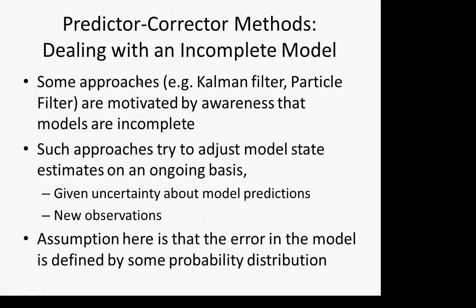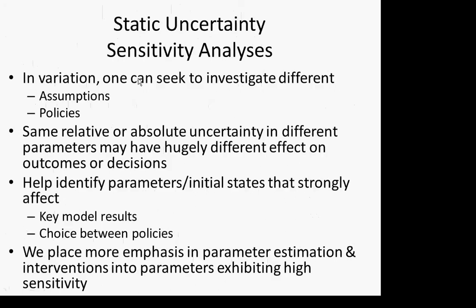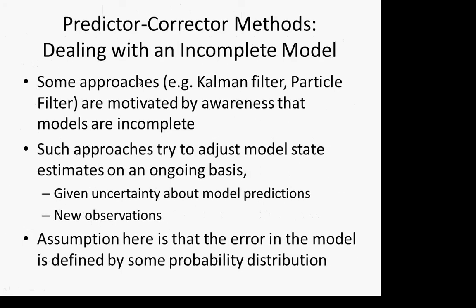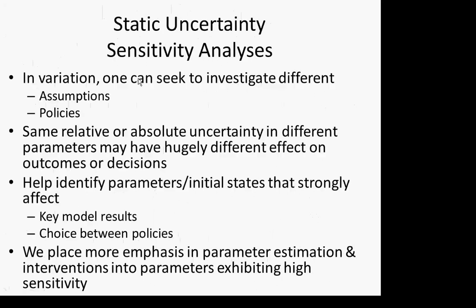Some of the discussions here have some conceptual tie-ins with some more advanced techniques known as predictor-corrector models, models for trying over time to identify parameter values of greatest relevance, correcting parameter values in a way that will deal with an incomplete model.